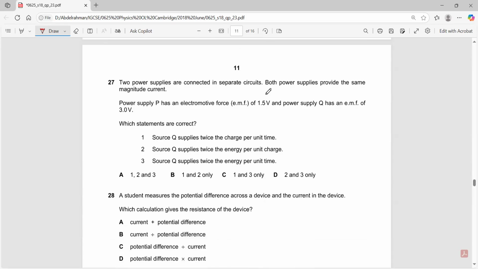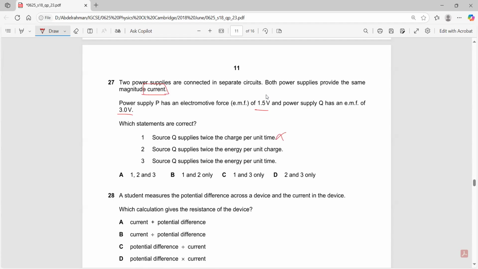Okay, two power supplies are connected in separate circuits. Both power supplies provide the same magnitude current. Power supply P has an electromotive force of 1.5 volts and power supply Q has an electromotive force of 3 volts. Which statements are correct? Source Q supplies twice the charge per unit time. Don't they have the same current? They do have the same current. So if you say twice the charge per unit time, this is twice the current.